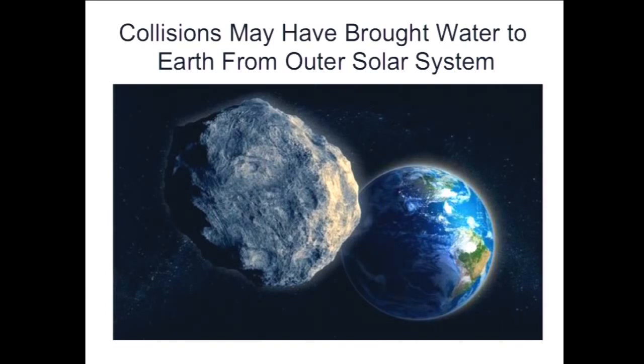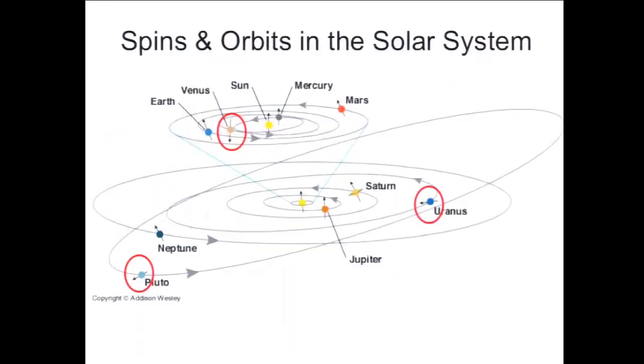But one idea is that asteroids in the outer part of the solar system that had ice in them, because remember in the outer part of the solar system you had ice in addition to rocks, may have actually brought water to the Earth through collisions. So that may have played a critical role in one of the building blocks of life on Earth.